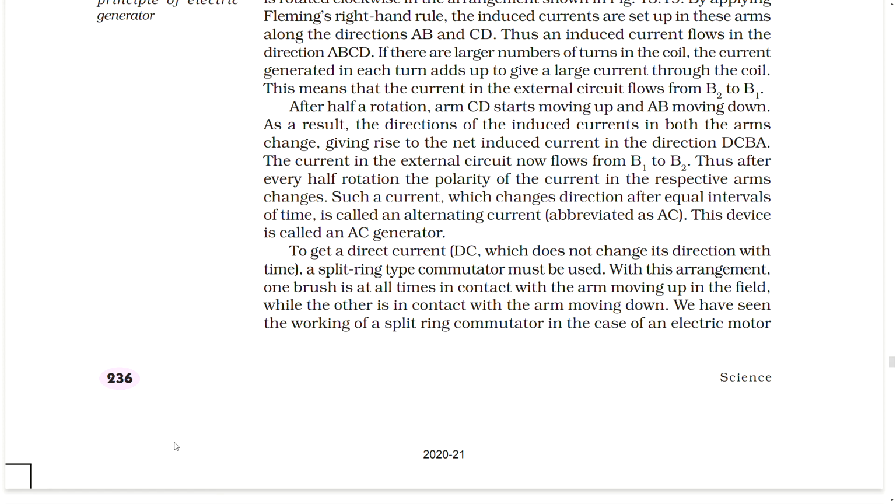To get a direct current, DC, which does not change its direction with time, a split ring type commutator must be used. With this arrangement, one brush is at all times in contact with the arm moving up in the field, while the other is in contact with the arm moving down. We have seen the working of a split ring commutator in the case of an electric motor.